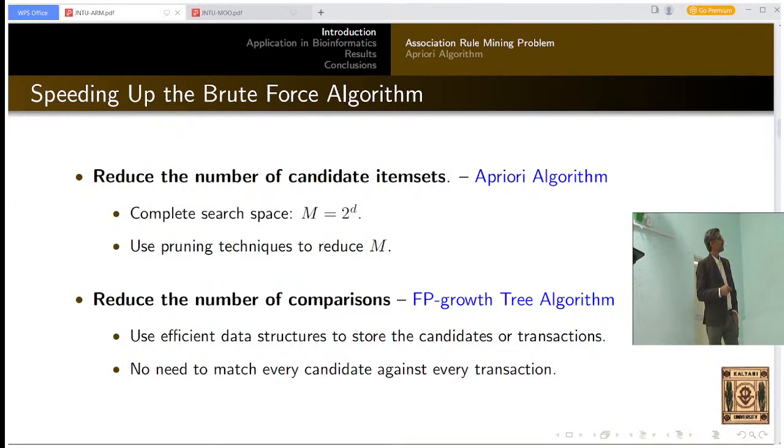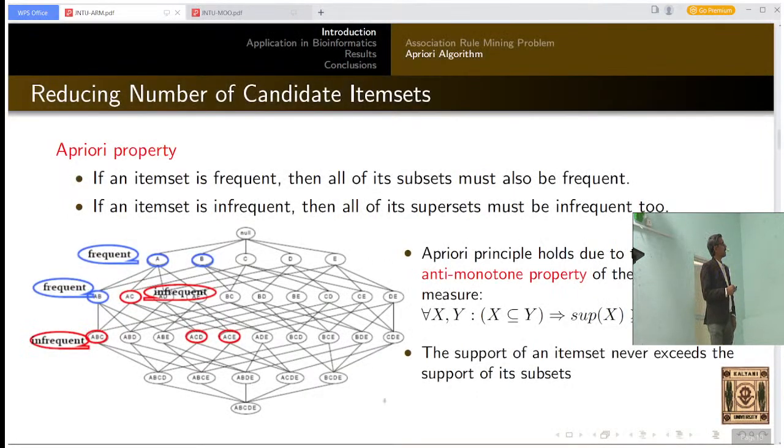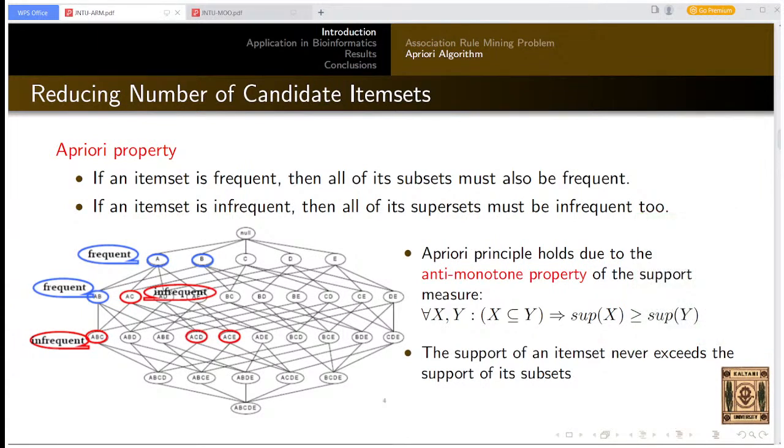So for that, Agarwal has proposed a very good observation. It says that, whether you agree or not, if we have already found an item set is frequent, can we say that all its subsets will also be frequent?